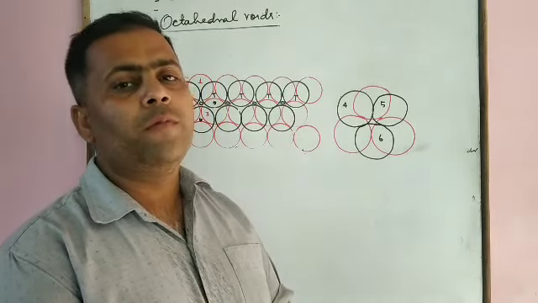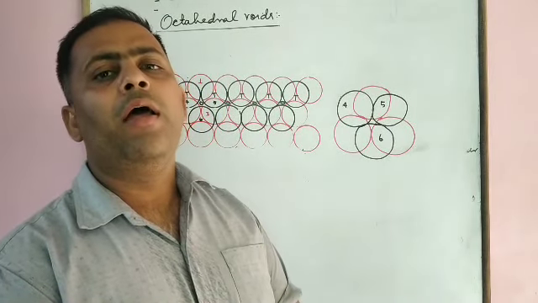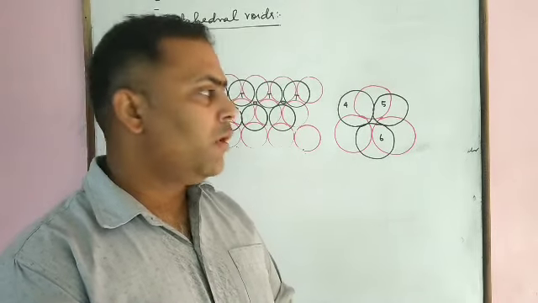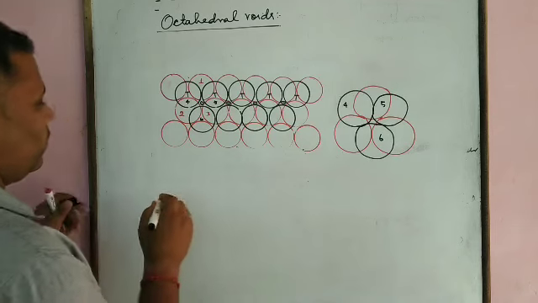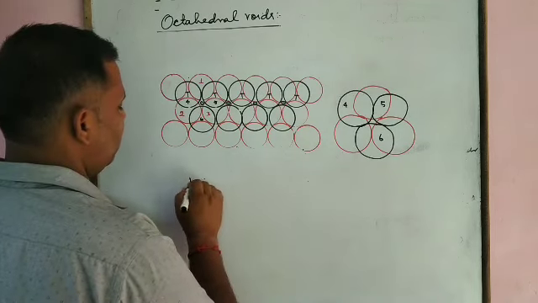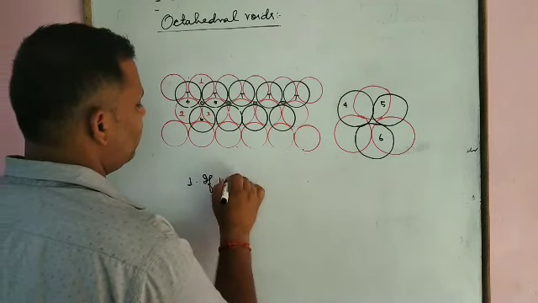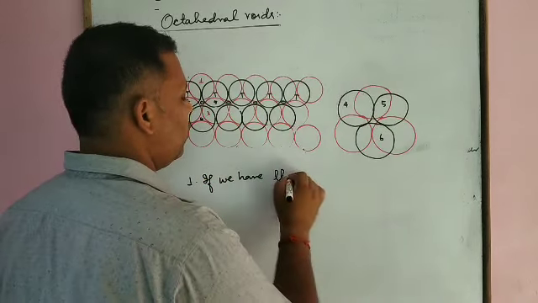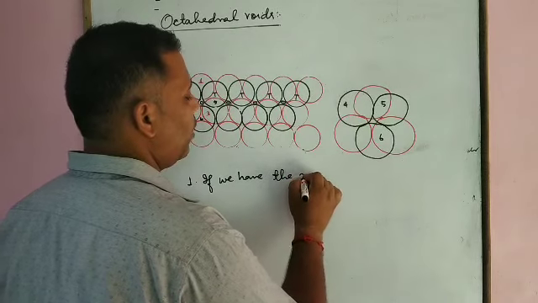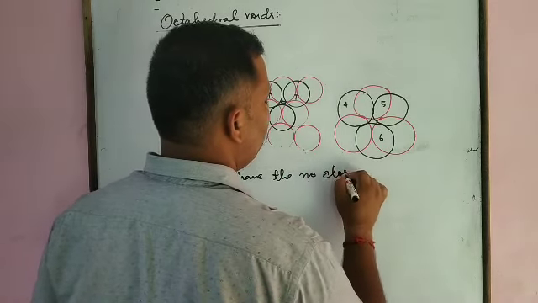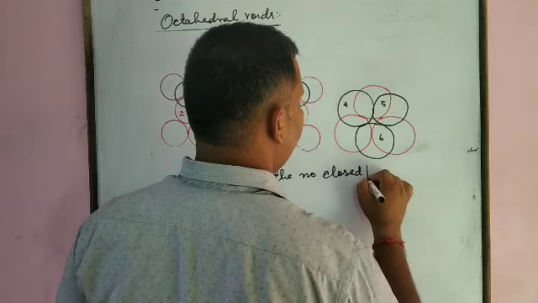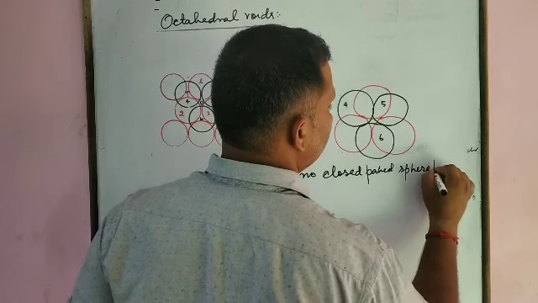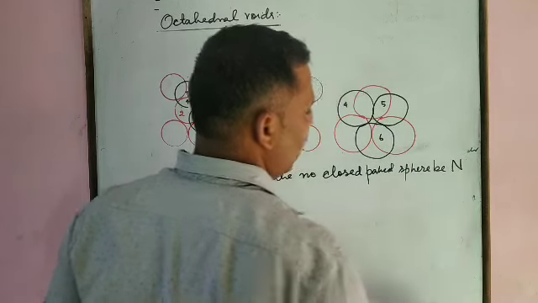Let us look at the relation between the tetrahedral and octahedral voids and the number of spheres.